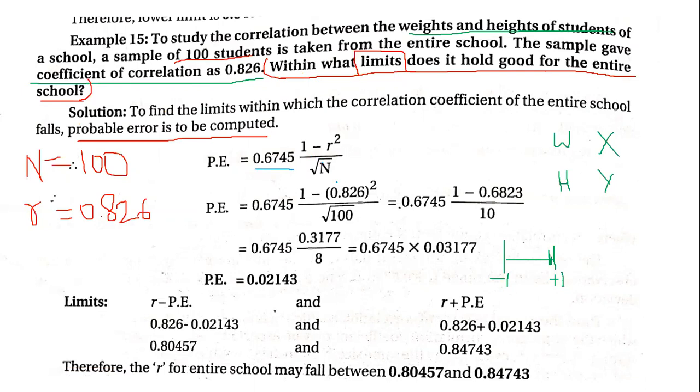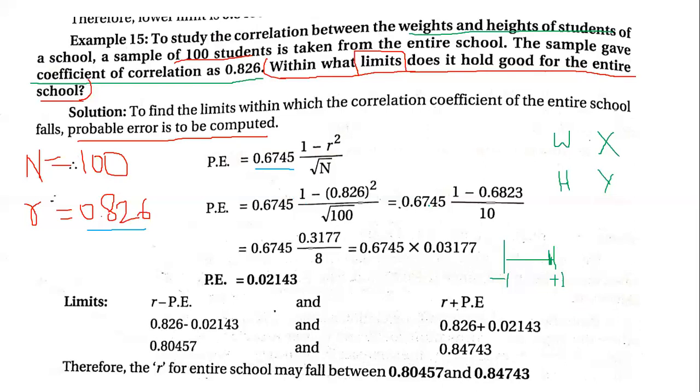Now let us put all these numbers here. 0.6745 is a constant which stays. 1 minus r square is 1 minus 0.826 whole square, whole divided by square root of 100.